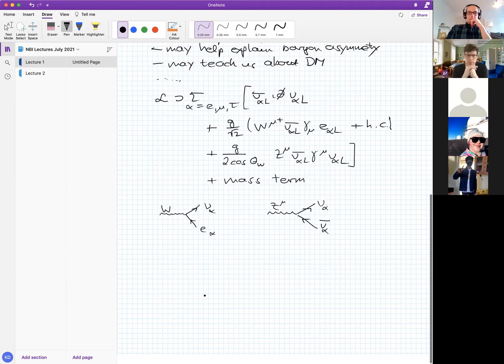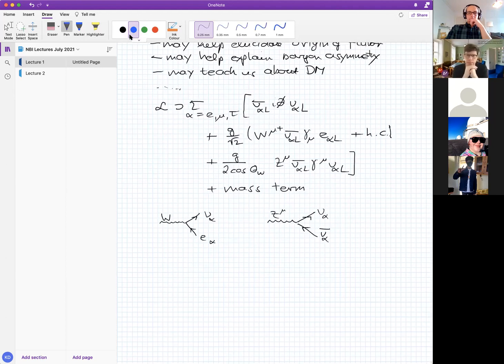Okay, now let's talk about this mass term. In fact, there's different ways of introducing mass terms in neutrino physics. The simplest one is to just follow what we know about the mass terms of the other standard model fermions, the quarks and the charged leptons. That's what's called a Dirac mass term, after Paul Adrien Maurice Dirac, who was probably on the picture that we saw in the introduction.